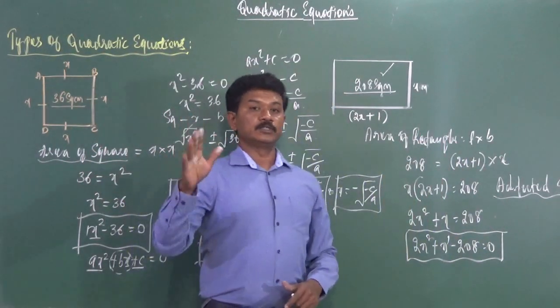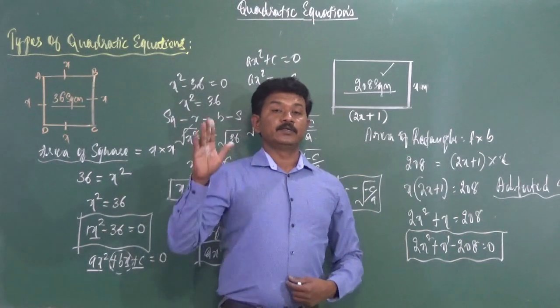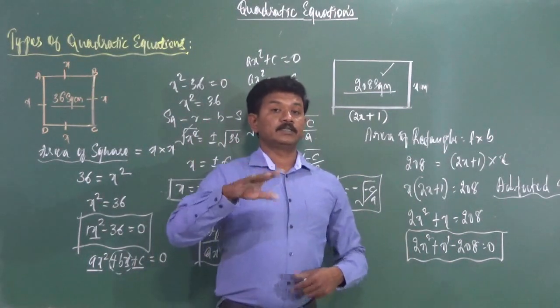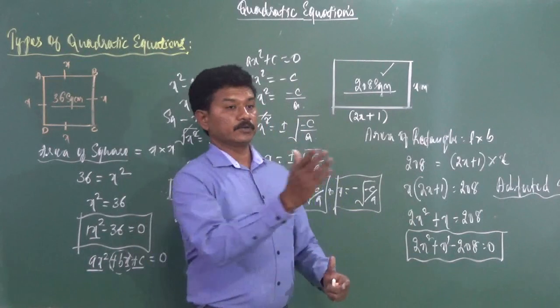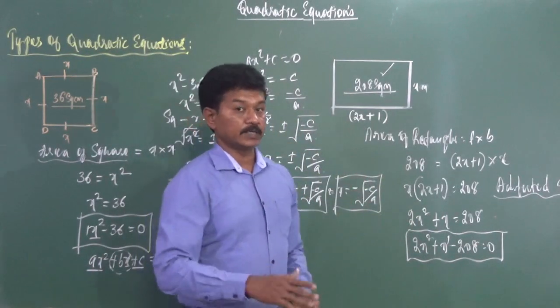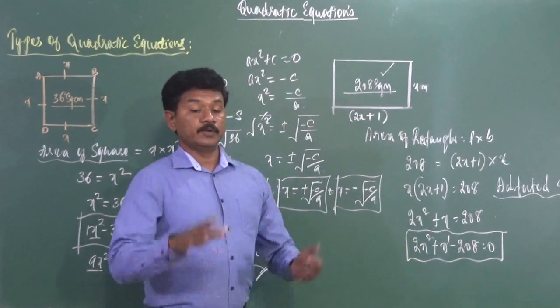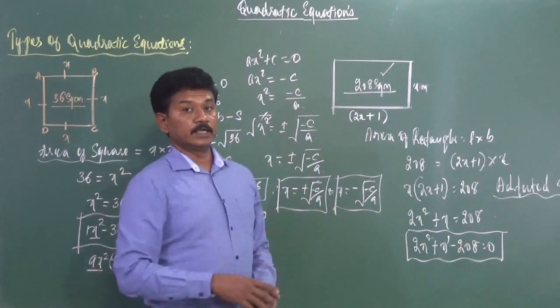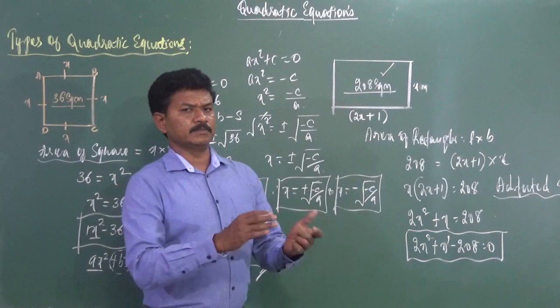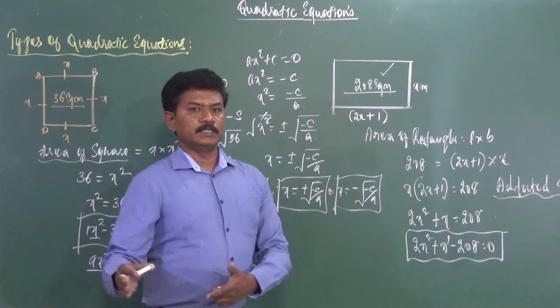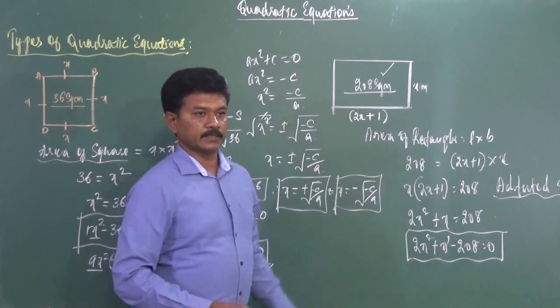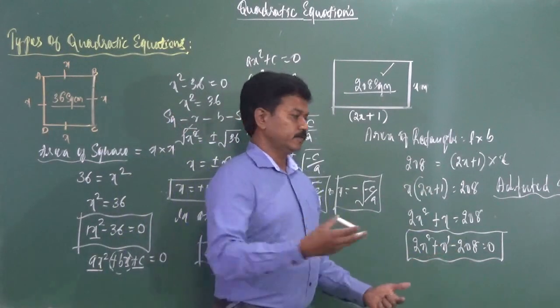The roots of a quadratic equation depend upon the coefficients. That's a different concept which you are going to learn in the coming classes. You can guess what type of roots a quadratic equation is going to get by just looking at the equation and doing some simple steps, right? In the next sessions I am going to teach you that.